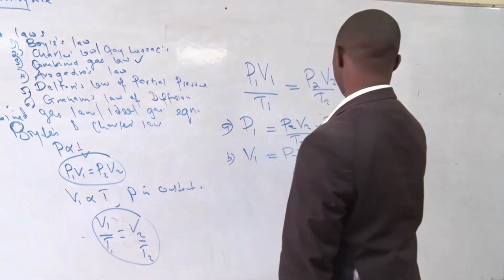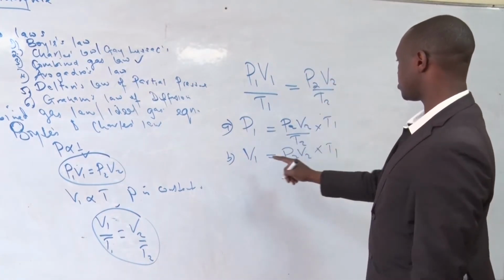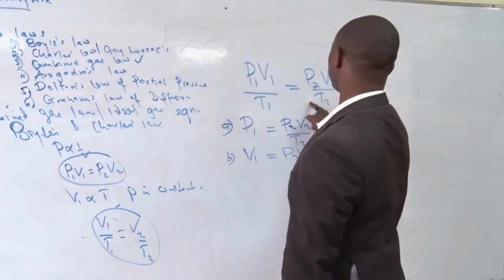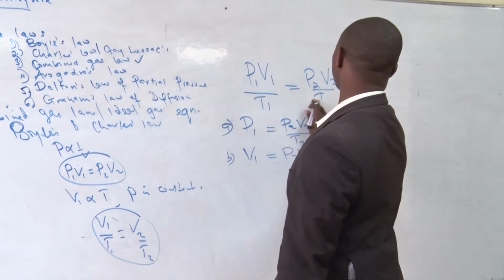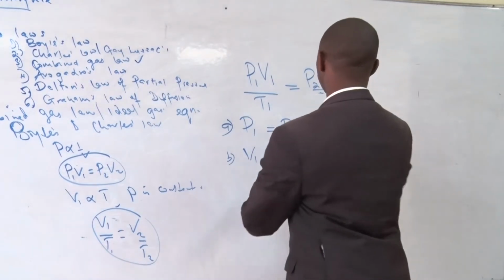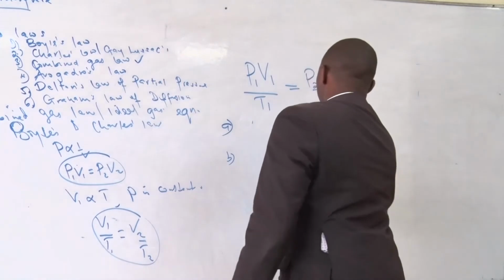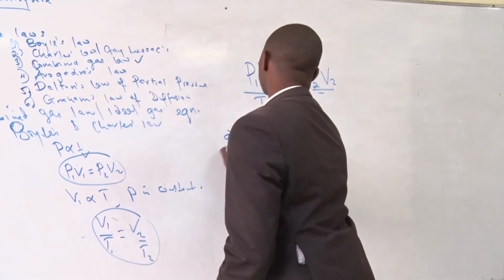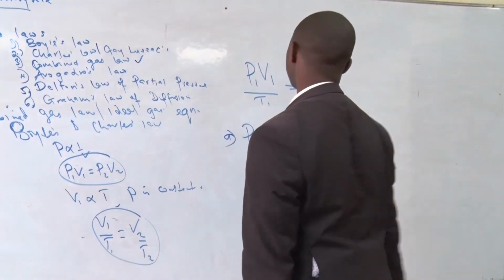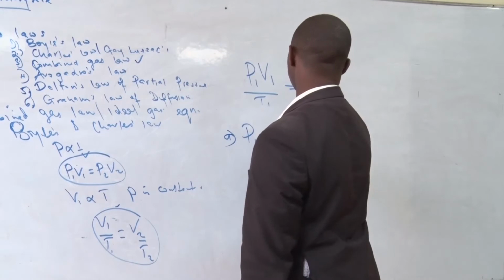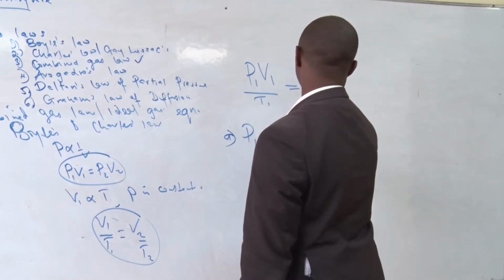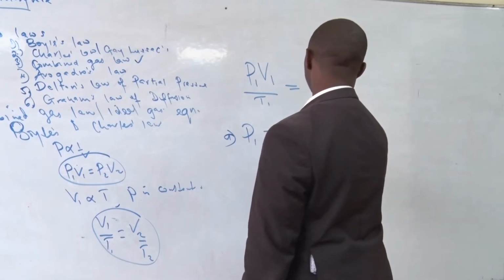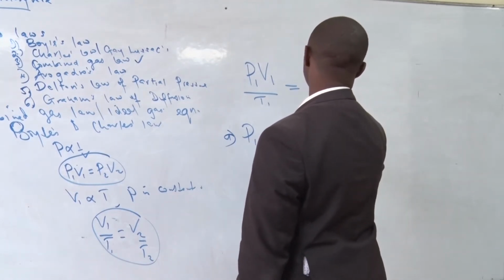I hope you're not going to mess up. Sorry, let's just do it again, stepwise. Let's do the first one. We're looking for the value of pressure 1. Pressure 1 is equal to pressure 2, volume 2, all over volume 1 times temperature 1.